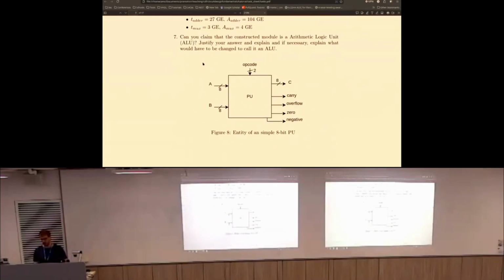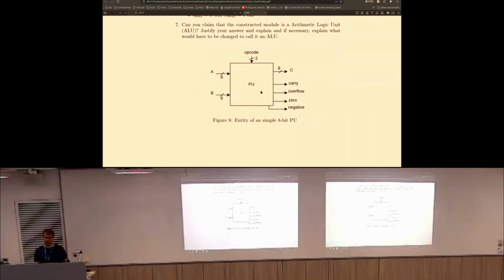So if we now have a look at our processing unit that is part of the ALU, it consists of an opcode that selects which operation we want to do, and it consists of 2 bits. Why is that? We have 4 operations we want to realize.